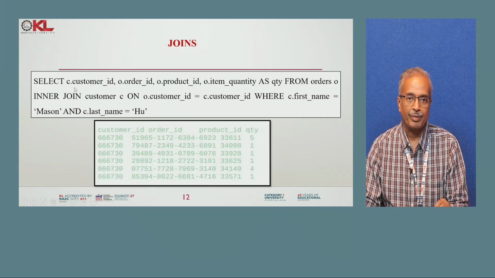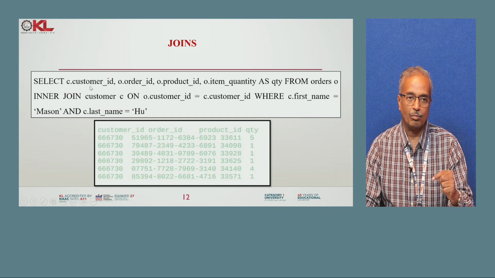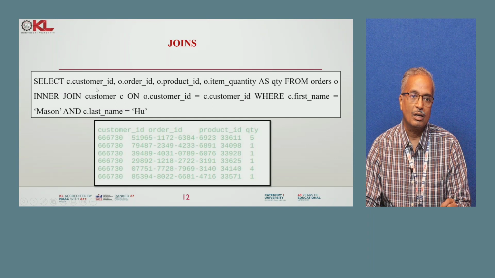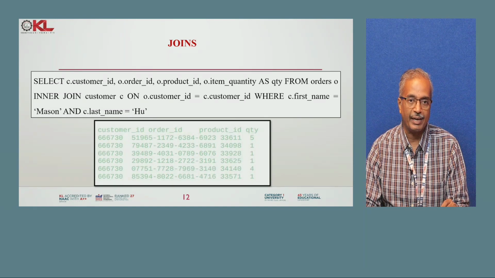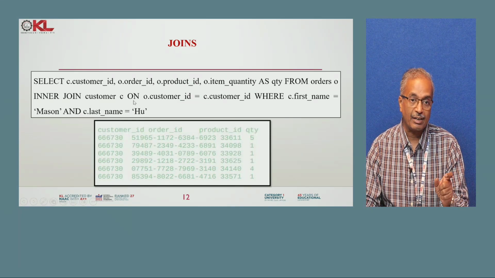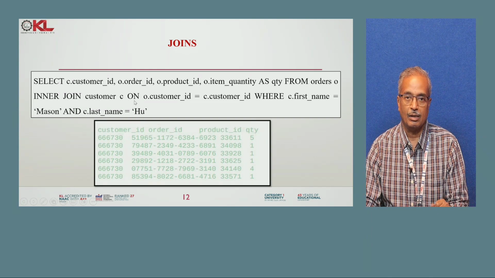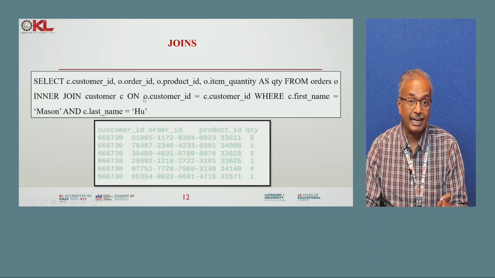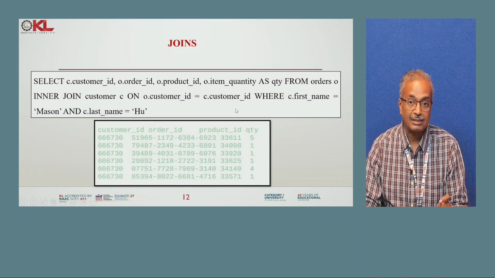So for example, using the previous example, that table has customer ID, order ID, product ID and item quantity. So the orders table is joined with which one? The customer table, right. So how are we joining? Here you are seeing this, dear students, where customer ID equals customer ID. Which customer ID? The orders customer ID equals this customer's customer ID.